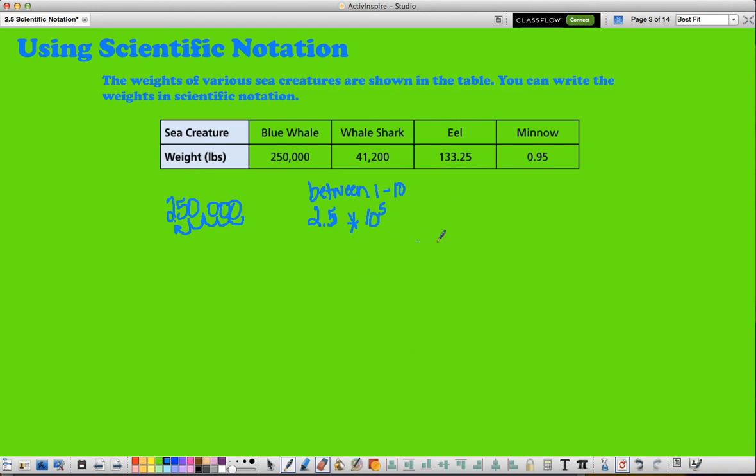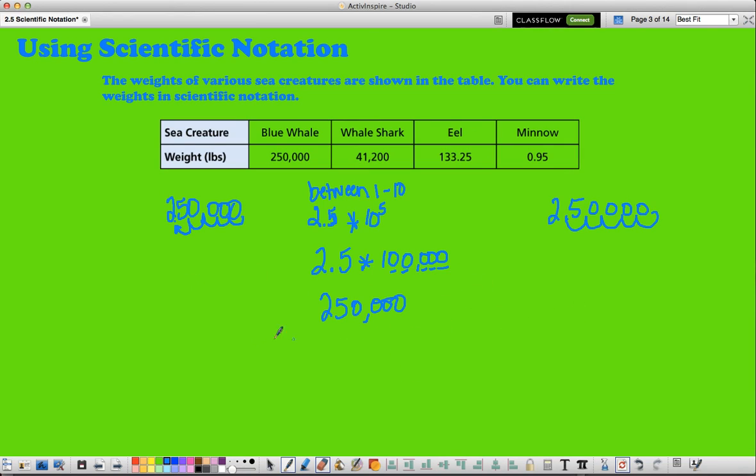Because if I take 2.5 and multiply it by 10 to the 5th power, which is 1 and 5 zeros, I know from previous math classes that multiplying by a power of 10 tells me to move my decimal the number of places that I have zeros. So I move it 1, 2, 3, 4, 5 places to the right, and my number turns back into 250,000.